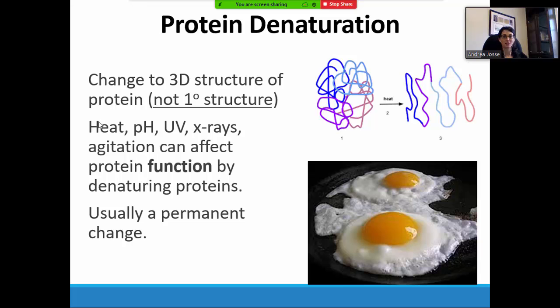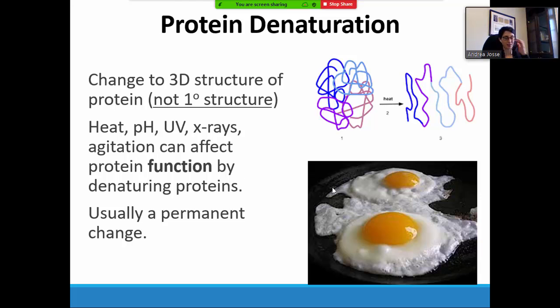There are several factors that can denature proteins, and this becomes important if we talk about that within the body as well. So heat is one of those factors. Changes in pH, UV, X-rays, agitation, all of these can affect the protein itself, and in some extreme conditions, it can act to denature the particular protein.